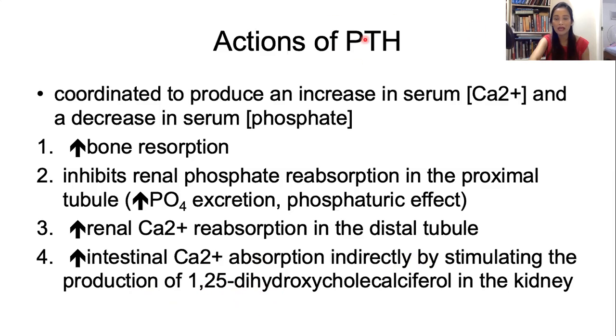So your PTH helps activate your 1,25-dihydroxycholecalciferol in the kidney, and your vitamin D will now help stimulate the increase in intestinal calcium absorption. So it's sort of indirect, no? But the bottom line is the PTH will be able to increase your serum calcium, no? And eventually decrease your serum phosphate, right?